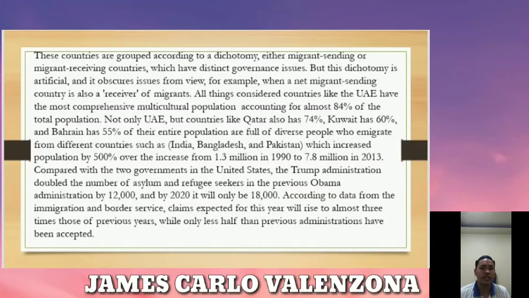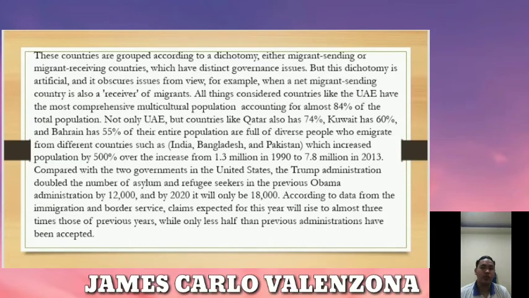Kuwait has 60% and Bahrain has 55% of their entire population made up of diverse people who immigrate from different countries such as India, Bangladesh, and Pakistan, which increased the population by 500%, from 1.3 million in 1990 to 7.8 million in 2013.